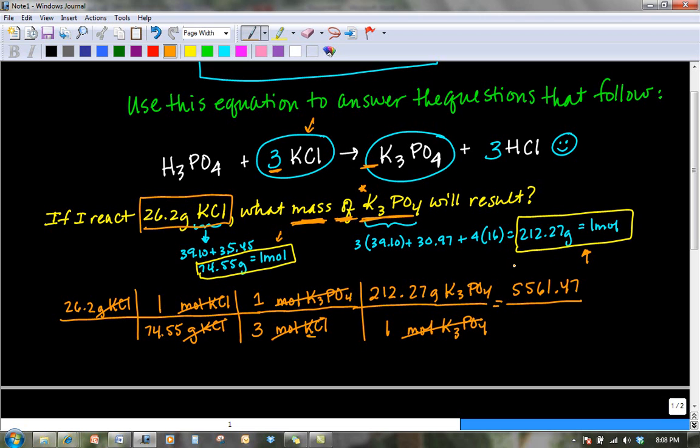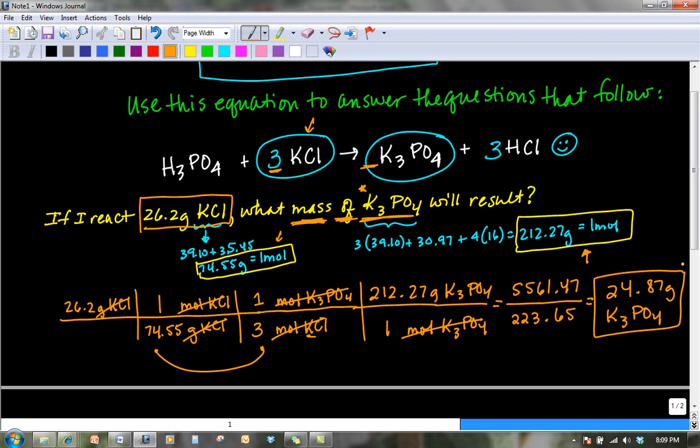I'm going to divide that by 74.55 times 3, and that is 223.65. And when I divide these two out, I get 24.87 grams of potassium phosphate.